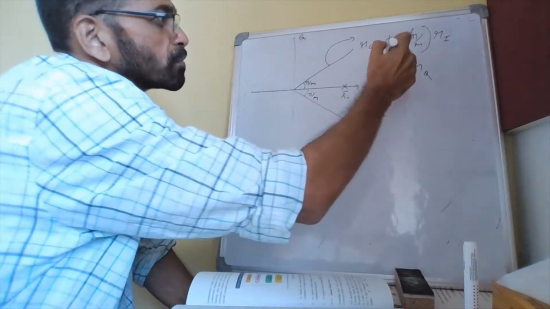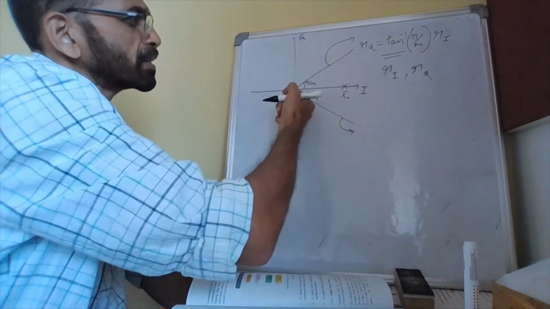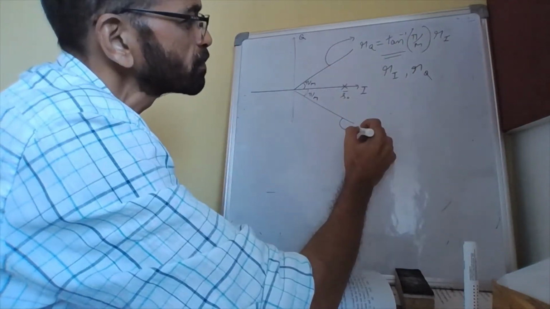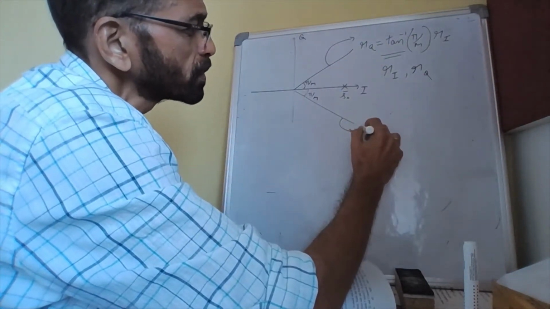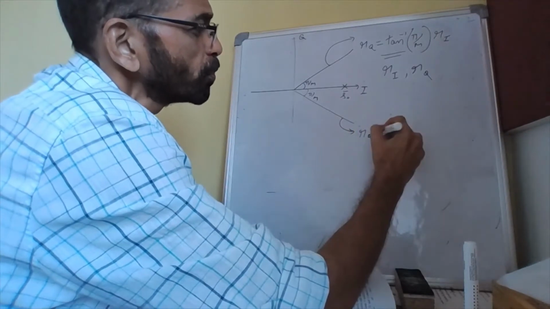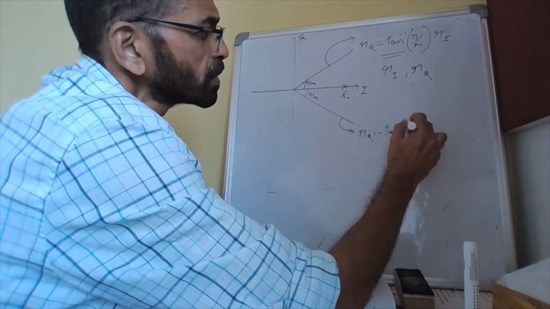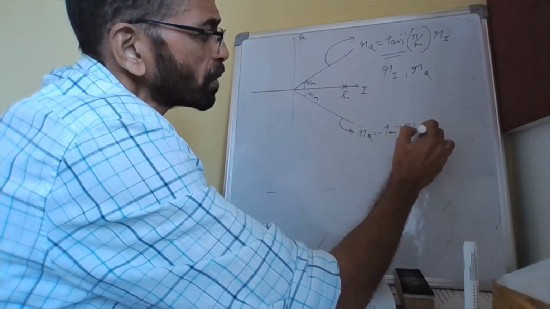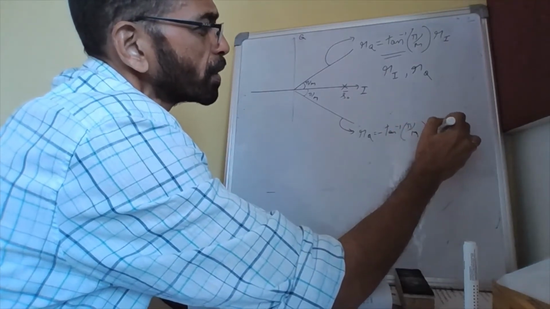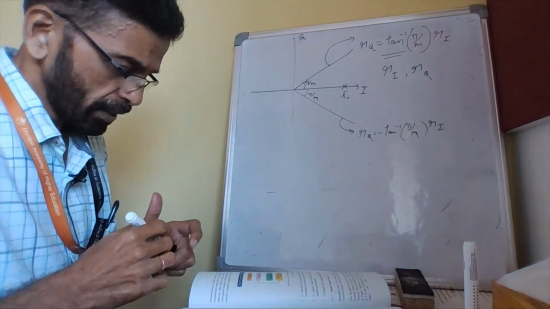The equation of this other line will have a negative slope, everything else is the same, so Rq is equal to minus tan(pi by M) Ri.